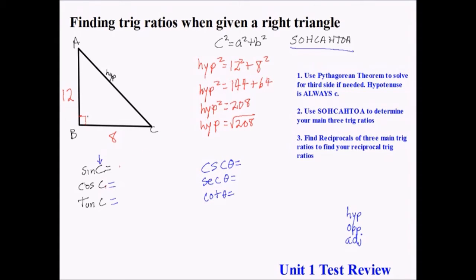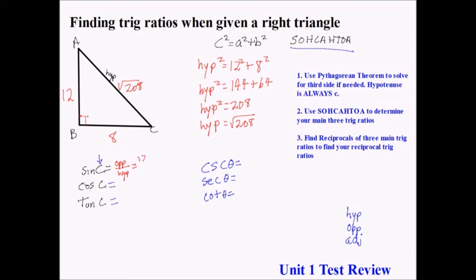Okay. So sine of C is going to be the opposite over the hypotenuse. Sine is the opposite over the hypotenuse. So this is the opposite side of C over the hypotenuse.